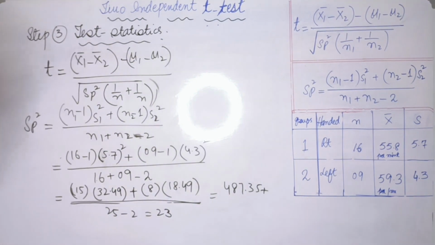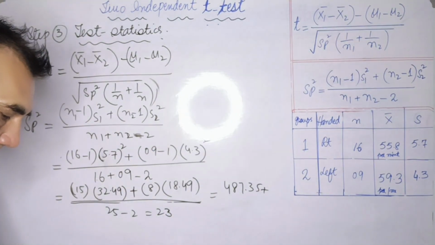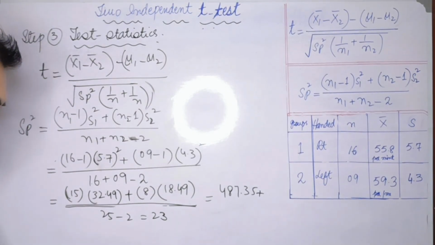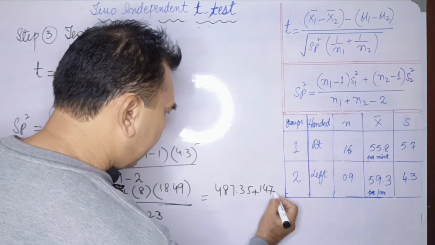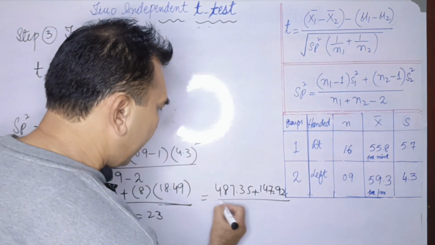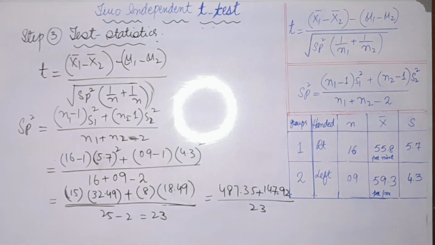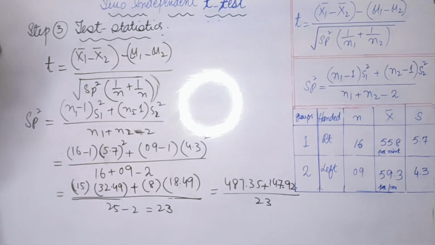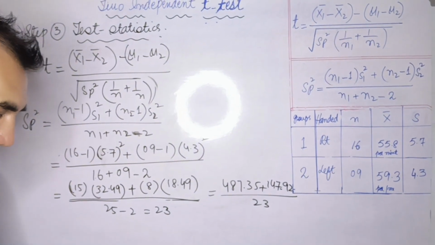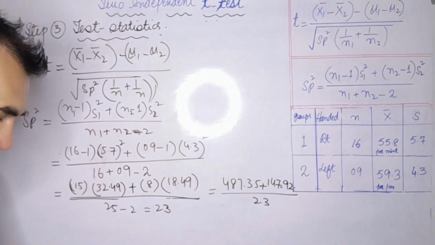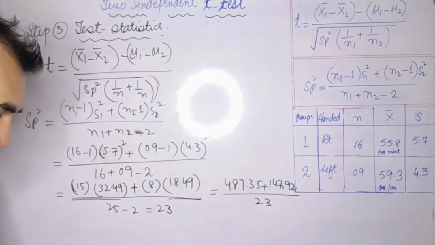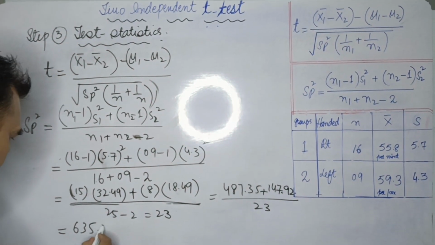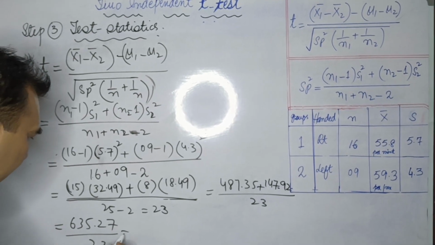Now the second one, 8 multiplied by 18.49, is 147.92, and divided by 23. Now we will sum up both numerators with each other: 147.92 plus 487.35 becomes 635.27, divided by 23.